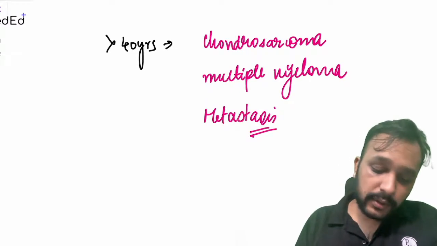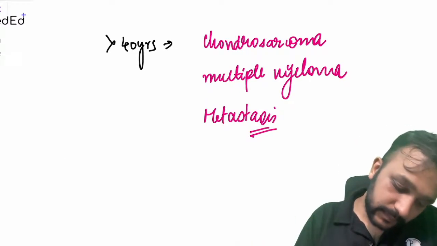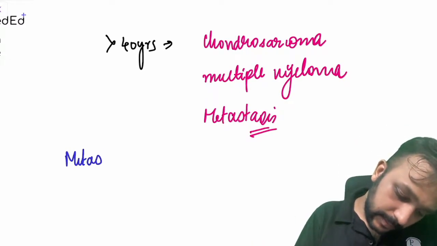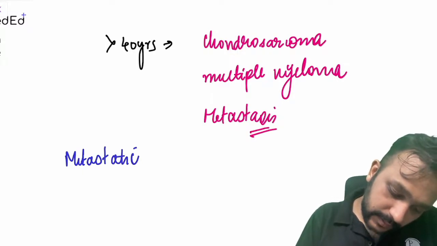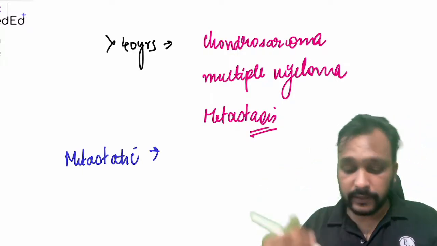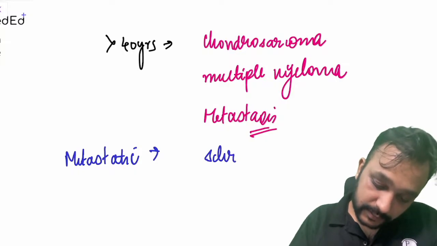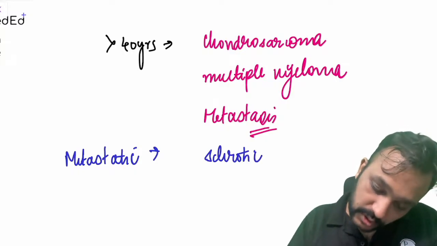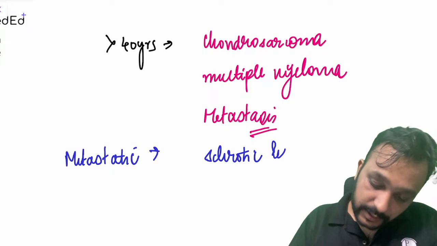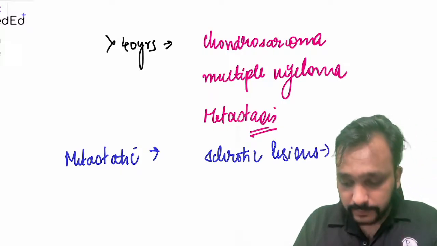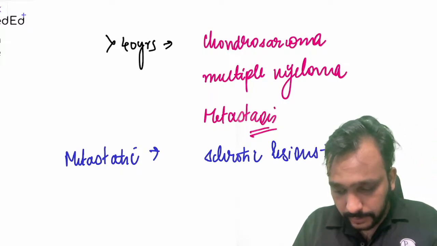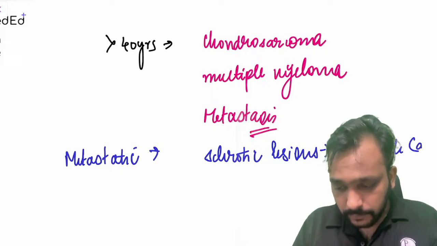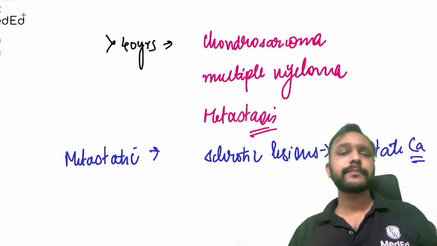And if I talk about metastatic bone tumors, the most common bone tumor which is associated with sclerotic lesions is your prostate carcinoma, right?